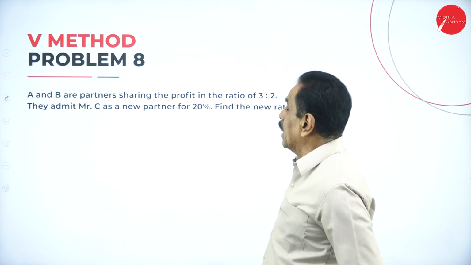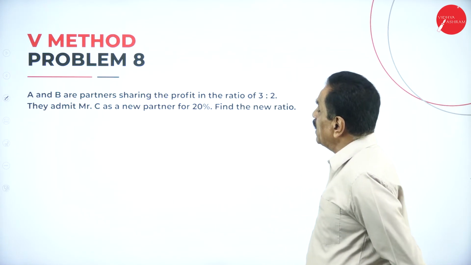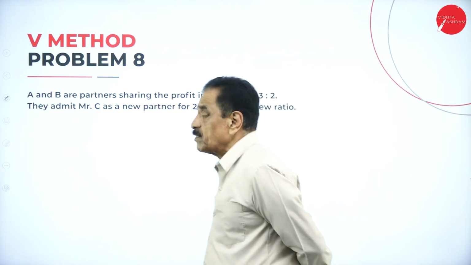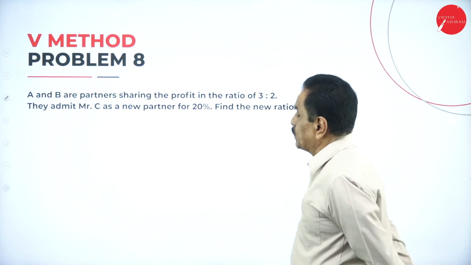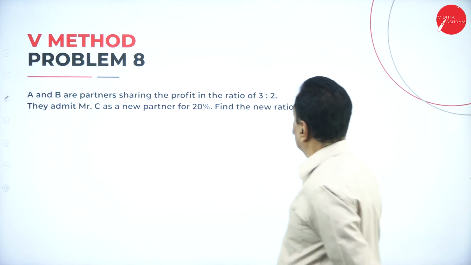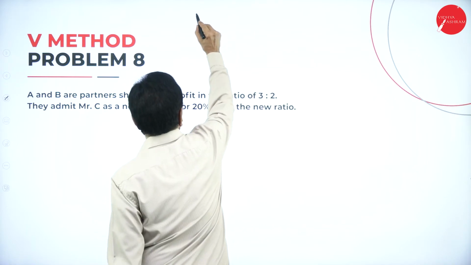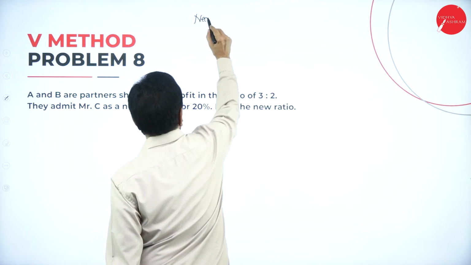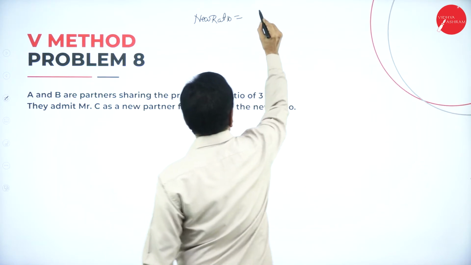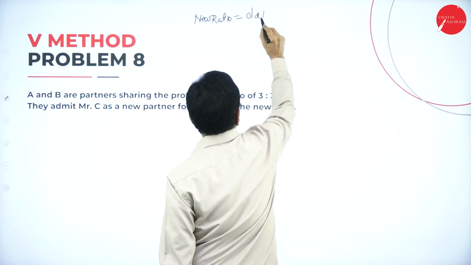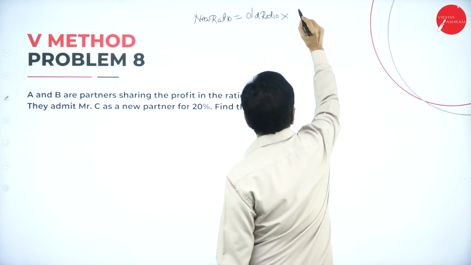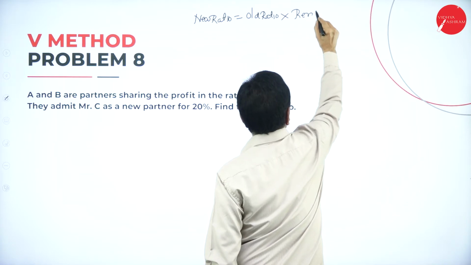A and B are partners sharing the profit in the ratio of 3:2. They admit Mr. C as a new partner for 20%. Find the new ratio. First we write the formula. New ratio is equal to old ratio multiplied by remaining ratio.